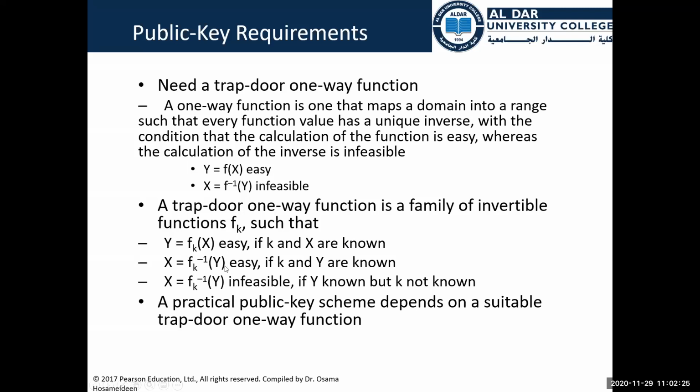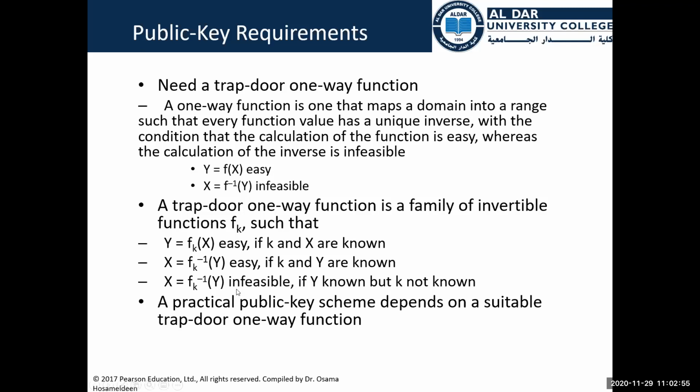And x equal f minus 1 k of y is easy, if k and y are known. This should also be easy if k and y are known. But the same function is infeasible if y is known but k is not known.